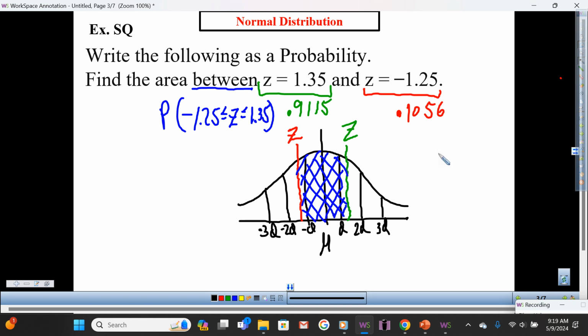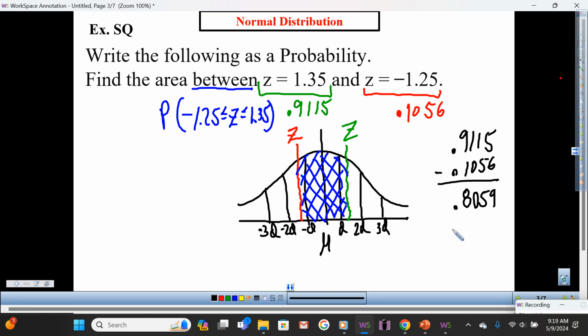Pass someone. Daisy. Mia Victoria, what do we do? Subtract 0.9115 minus 0.1056, and that gives us, looks about right.